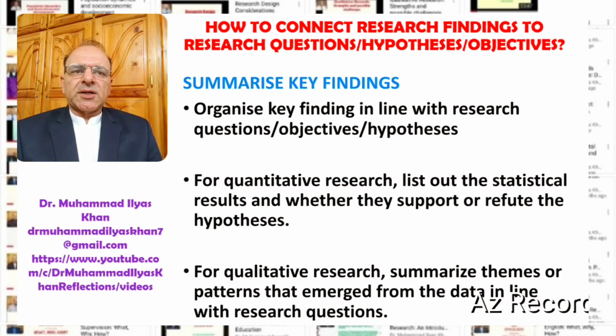So in quantitative research, what we can do is to list out the statistical results of our study, and then to indicate whether those findings or those statistical results actually support or refute our hypotheses. So at the end, the reader should know whether our hypotheses are accepted or rejected.